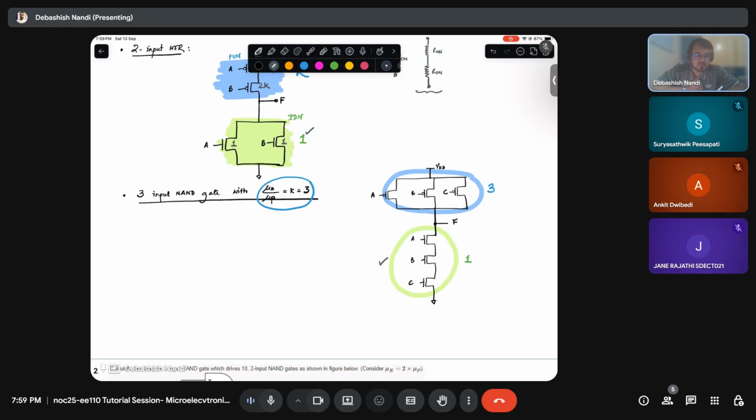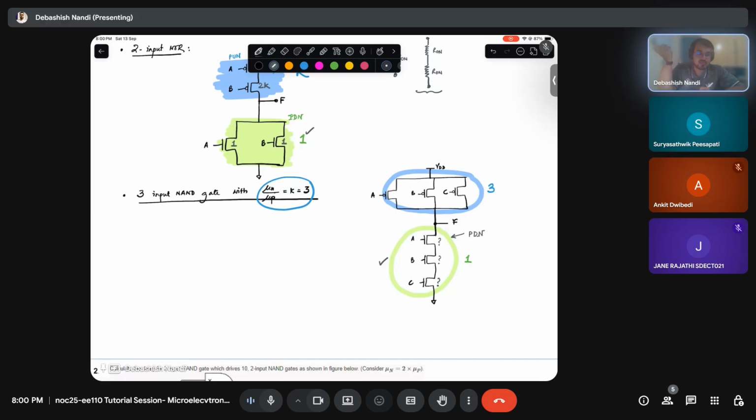Can you please unmute and tell me what should be the size of A, B, and C transistors in case of PDN? Yes, sir. Sorry, in PDN, sir.